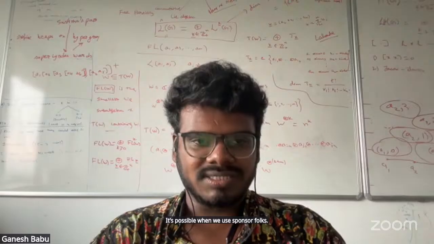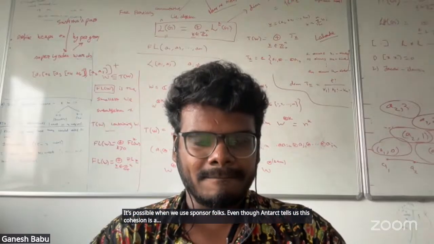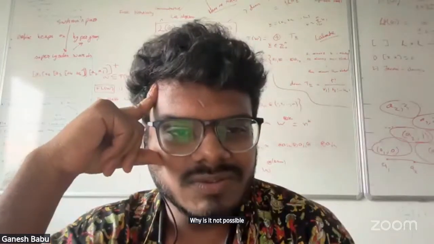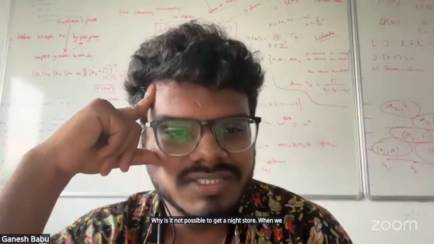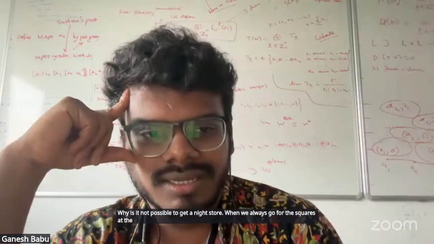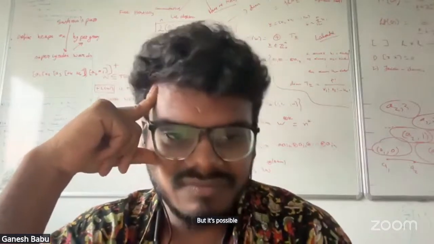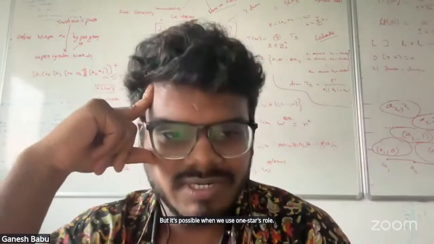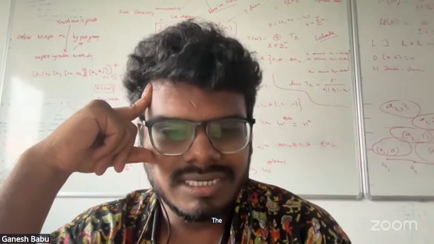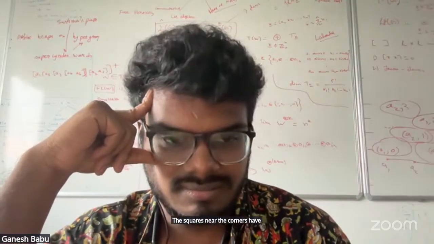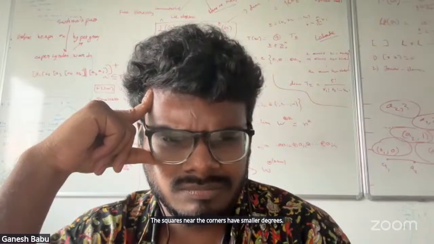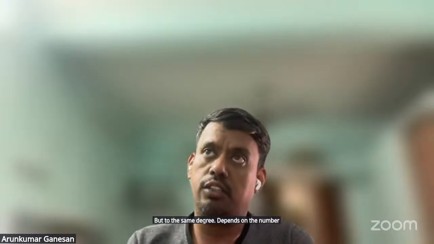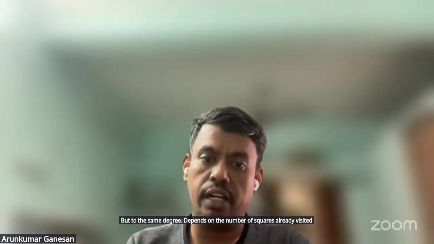Why is it not possible to get a knight's tour when we always go for the squares at the corners, but it's possible when we use the one-star rule, even though the one-star rule tells us the squares near the corners have smaller degrees? But this degree depends on the number of squares already visited also, right?